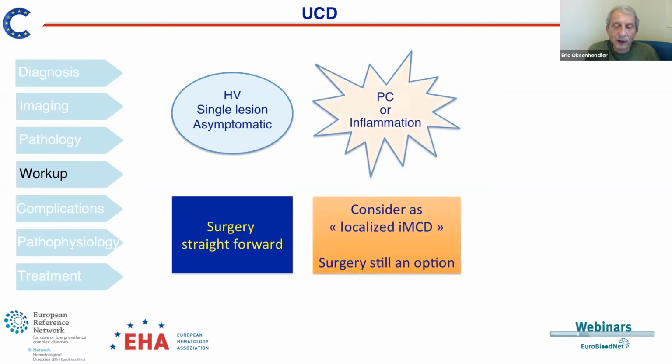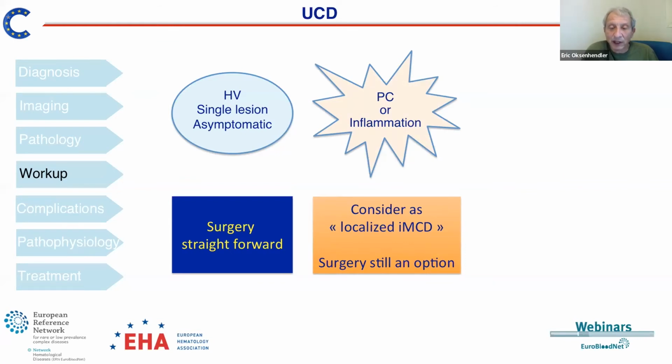The second one, you've got these UCD, but you have a plasmacytic histological type or clinical and biological symptoms of inflammation.